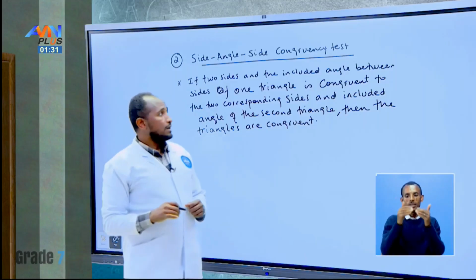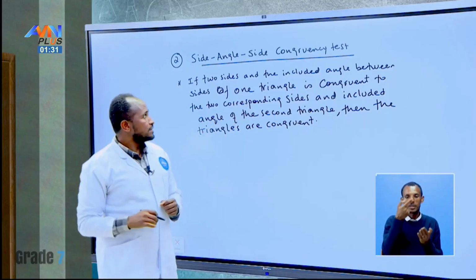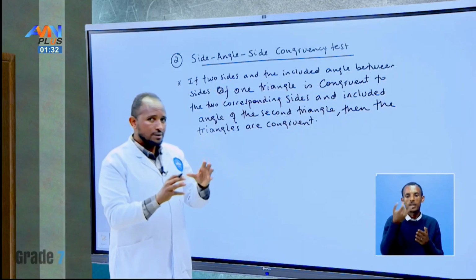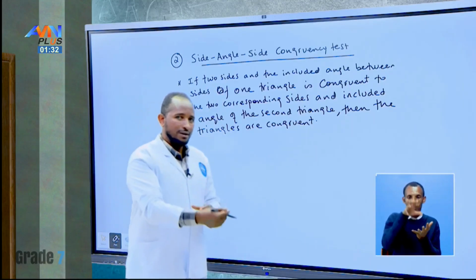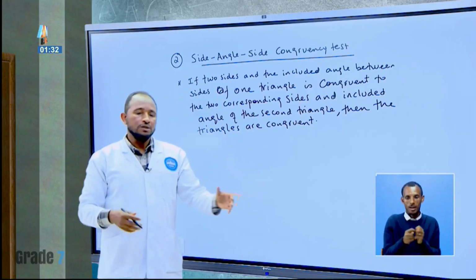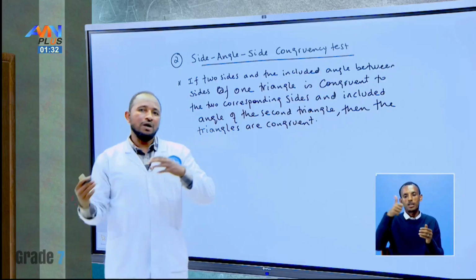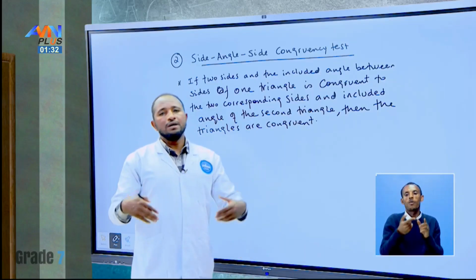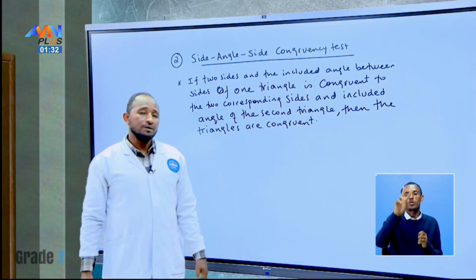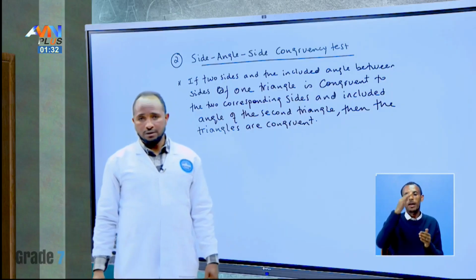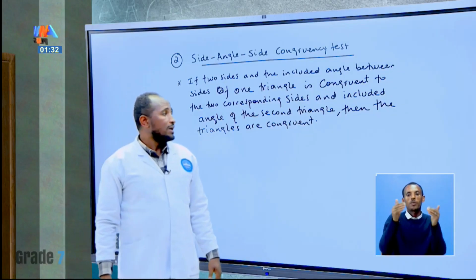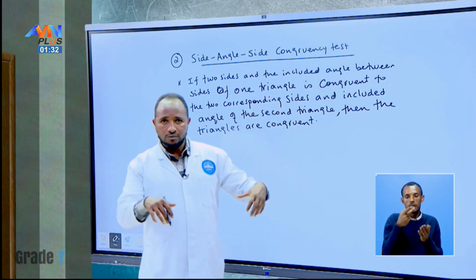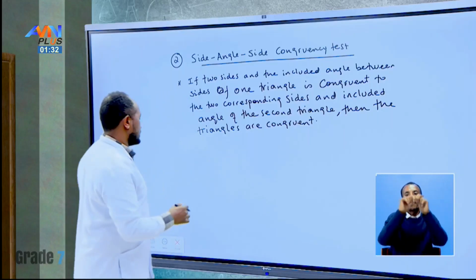Let me repeat the sentence again. Here it says, if the two sides and the included angle of one triangle are congruent to the two sides and the included angle of the other triangle, then the two triangles are congruent by side-angle-side congruency test. So let's see this concept through triangles. Look at this one.